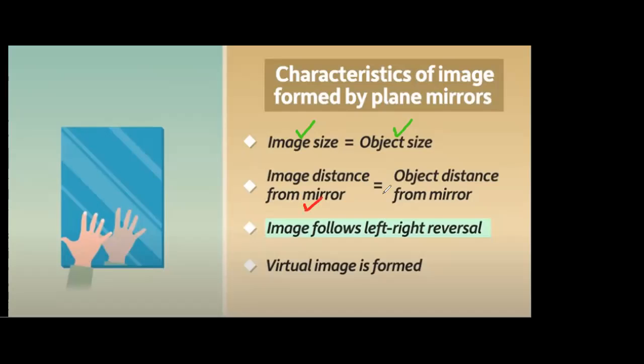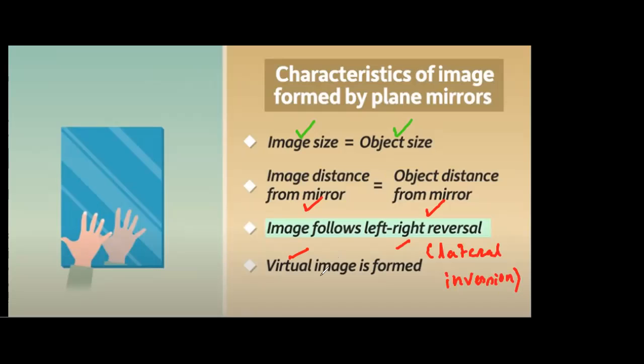Then image distance is equal to object distance. Yes or no? And the image follows left-right reversal, which is lateral inversion. Right becomes left, left becomes right.